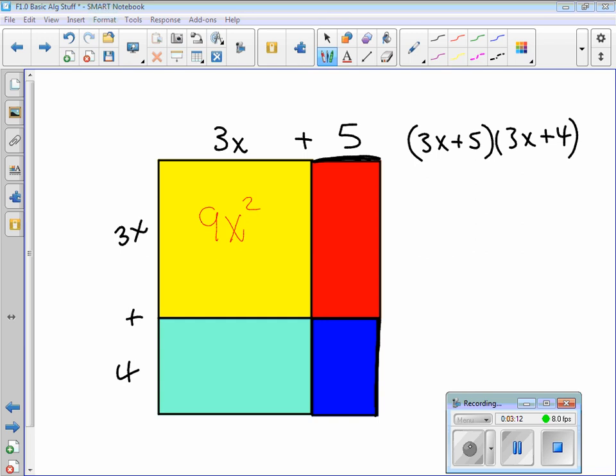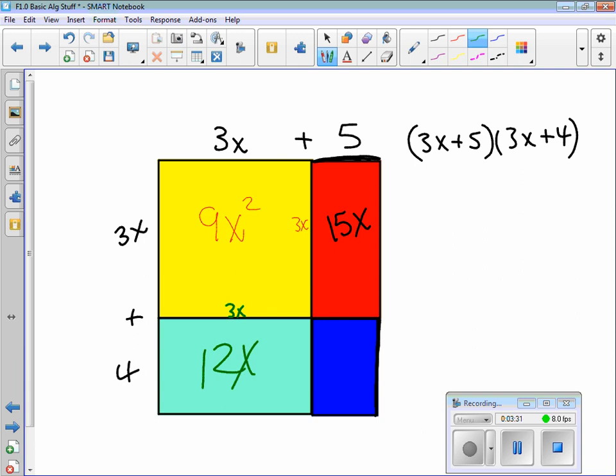So I'm going to look at the yellow, and of course it's 3x times 3x. It gives me 9x squared. And then that 3x belongs over on this side as well. So I can make this red one 15x. And then the green one down at the bottom has a 3x for its top, so that gives me 12x down there.